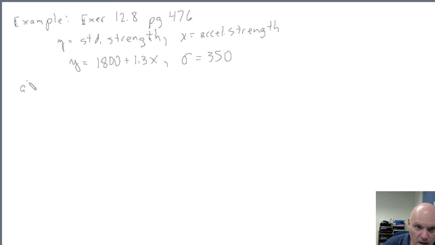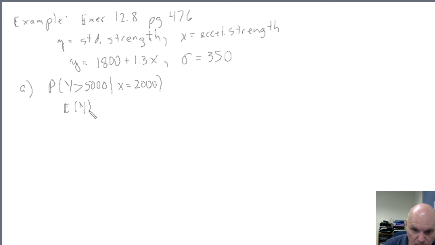In part A here, they ask us to compute the probability that y is greater than 5,000, given that x, the accelerated strength, is equal to 2,000. So we compute the expected value of y at this value of x.